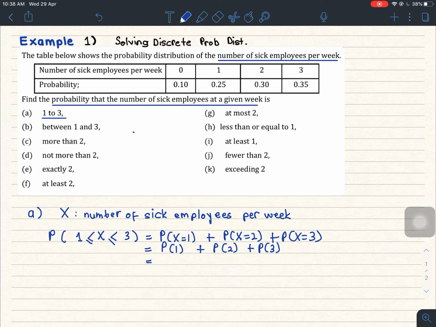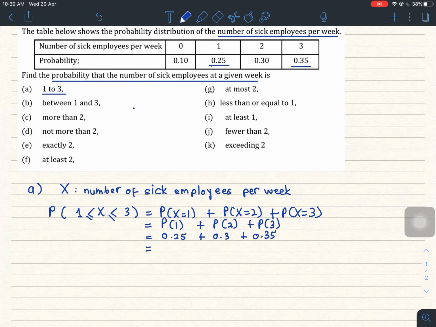From the table, you already know the corresponding probabilities. P(X = 1) is 0.25, plus P(X = 2) is 0.3, plus P(X = 3) is 0.35. Sum up and you get 0.9, if I'm not wrong. Correct me if I'm wrong.